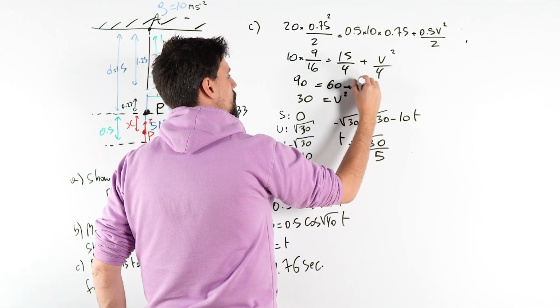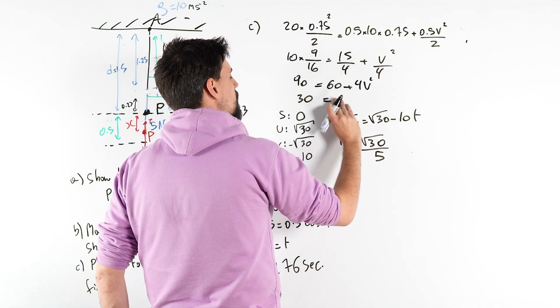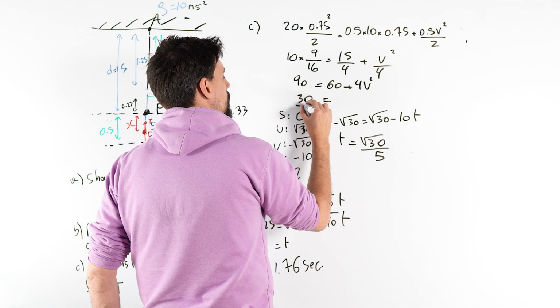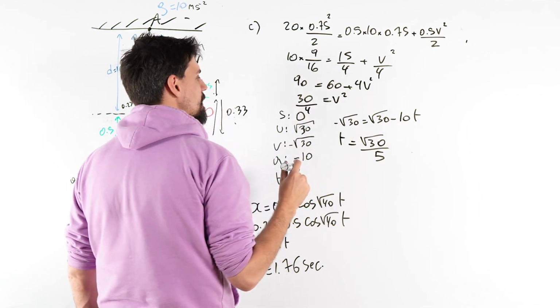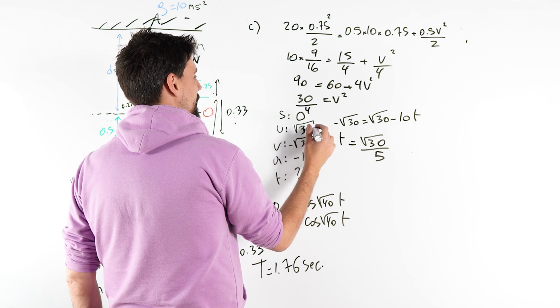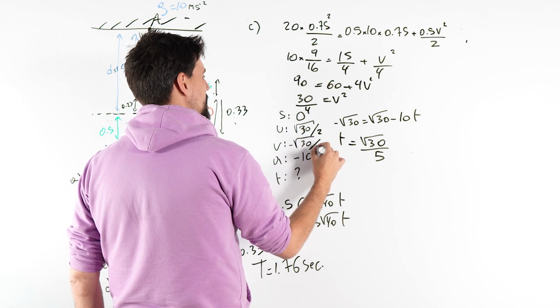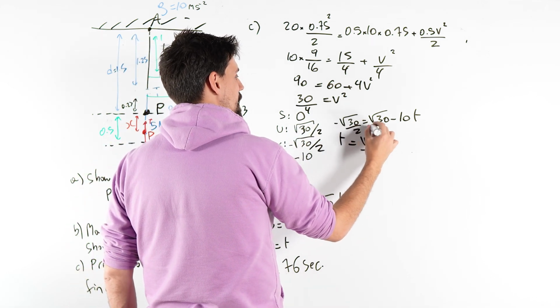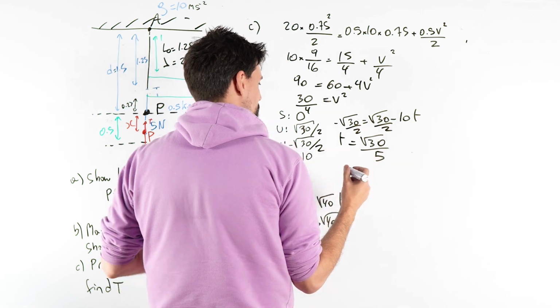The more eagle-eyed amongst you will have noticed that that is 4v squared. So v squared is that. So that's over 2, over 2, over 2, over 2.